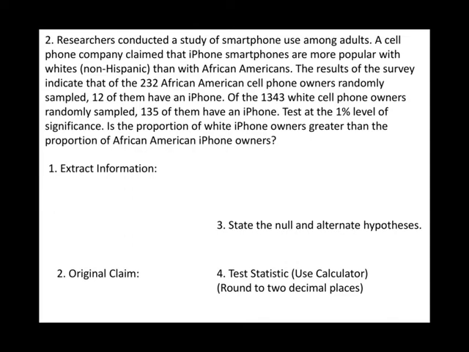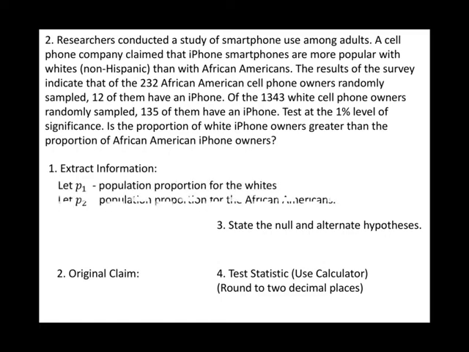So for chapter 9, remember what's the first step? First step, let me know which one is going to be your population proportion 1, and which one is going to be your population proportion 2. It doesn't matter which one you let be P1 and which P2, but you have to indicate it. So I will put P1 as the population proportion for the whites, and P2 as the population proportion for the African Americans.